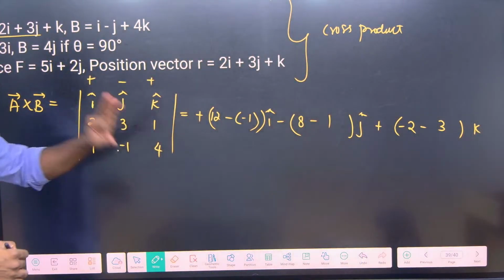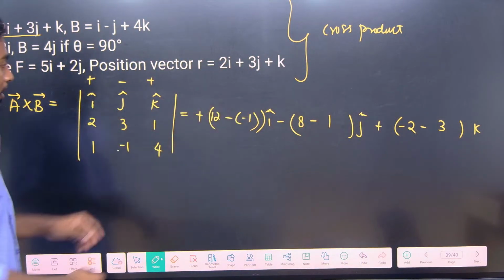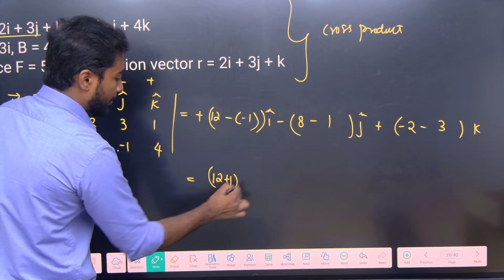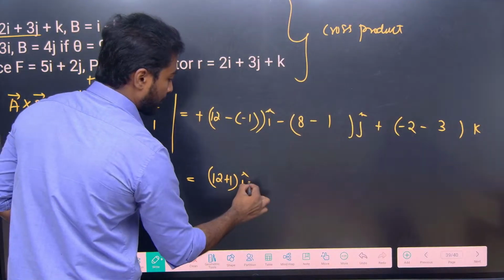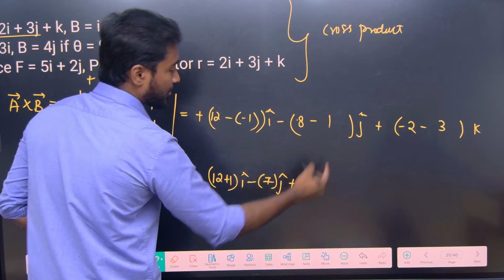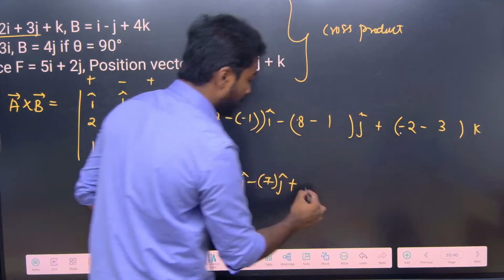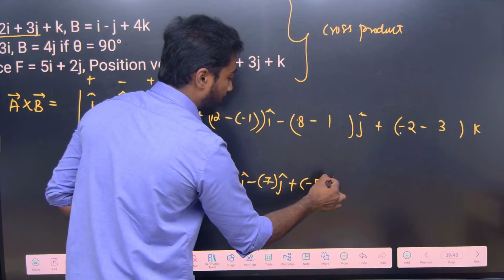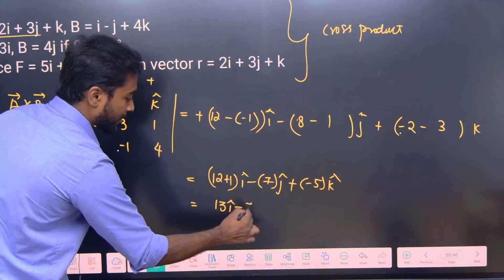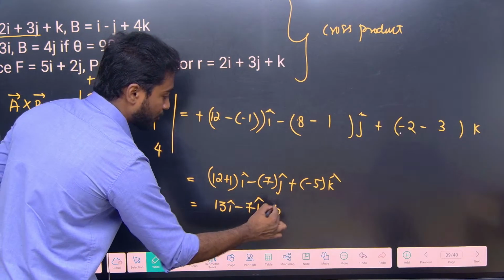Now it is 12 plus 1 times i cap, minus of 8 minus 1 is 7 j cap, plus minus 2 minus 3 is minus 5 k cap. The final answer will be 13 i cap minus 7 j cap minus 5 k cap.